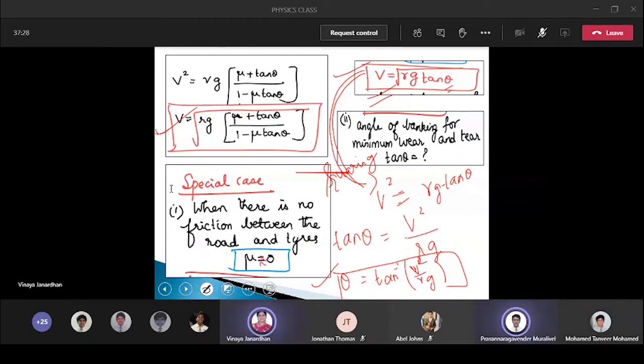Ma'am, which one is maximum velocity? The other one is safe velocity, right? Safely you can travel with this velocity.